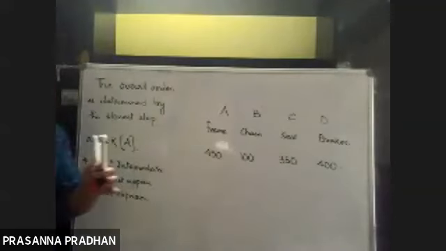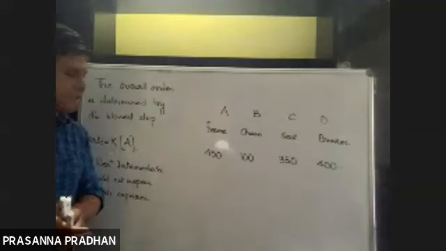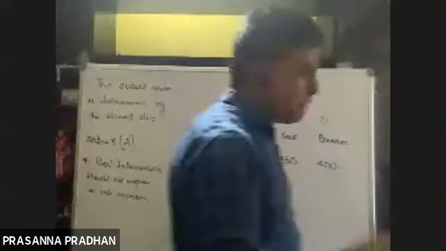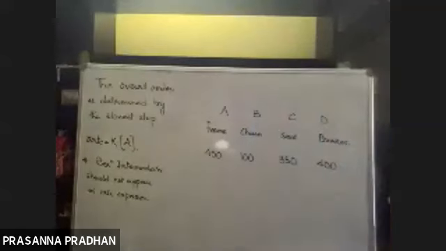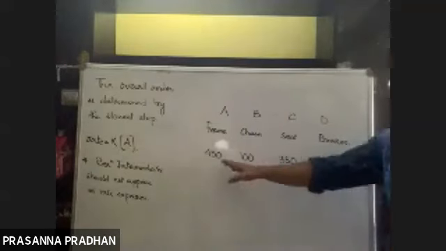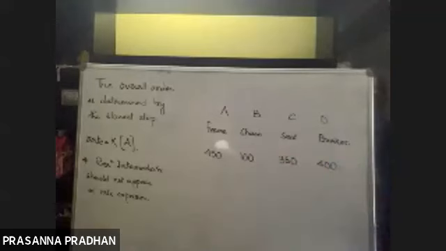Now you tell me, how many cycles will be manufactured on that particular day? 450, 100, 350 or 400? How many cycles? 100.